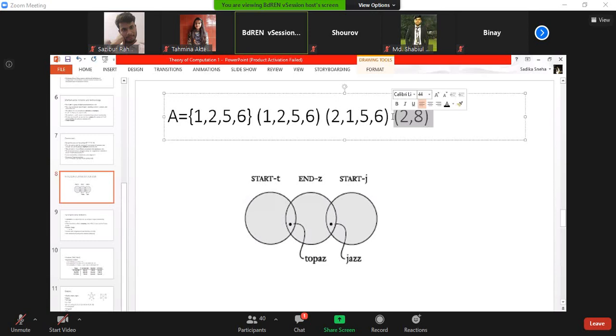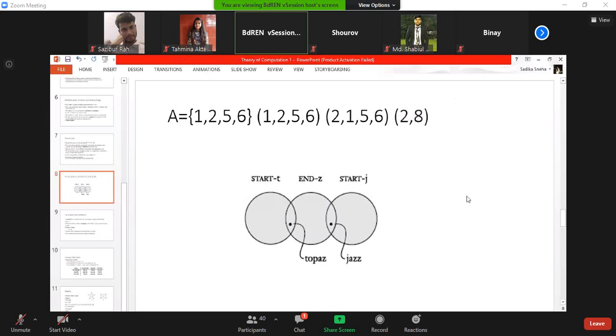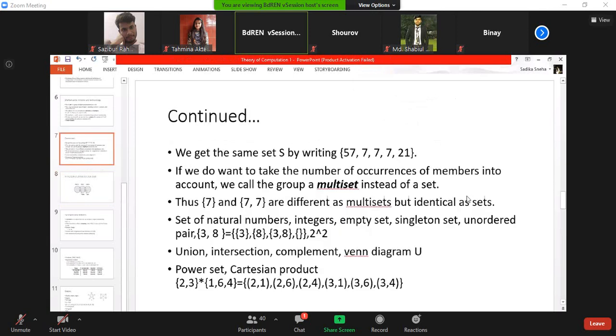Why am I saying ordered pair here? Because in a previous one I talked about an unordered pair. You may have forgotten it, what is this? In a set, they don't follow any order. Two elements are there, but they are not following any order.